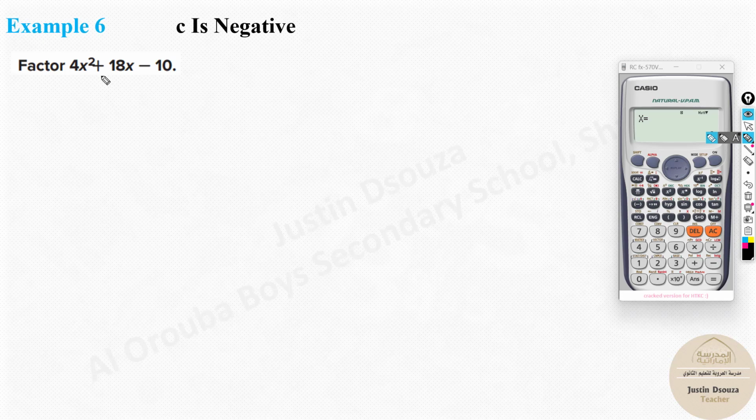Whenever you see the leading coefficient is other than 1, you must try to take the greatest common factor out. Obviously the variable is not common over here, so x can't be removed. But what else is divisible in all? 4. We had done this in the last lesson. So divided by 2, it's 2. This is a prime number. Stop it. 18. Now this divided by 2, it will be 9.